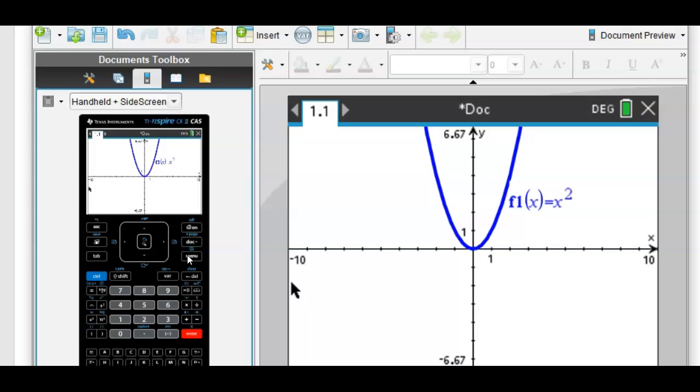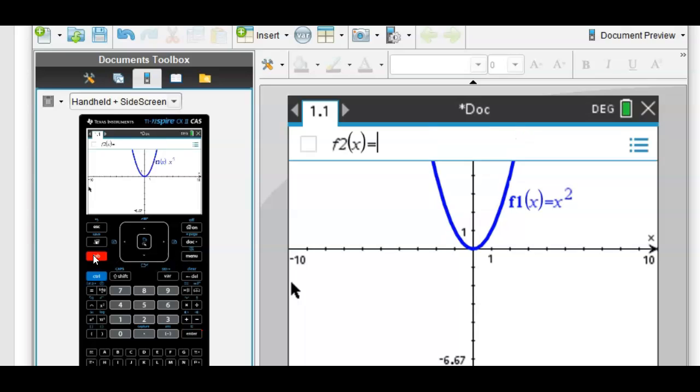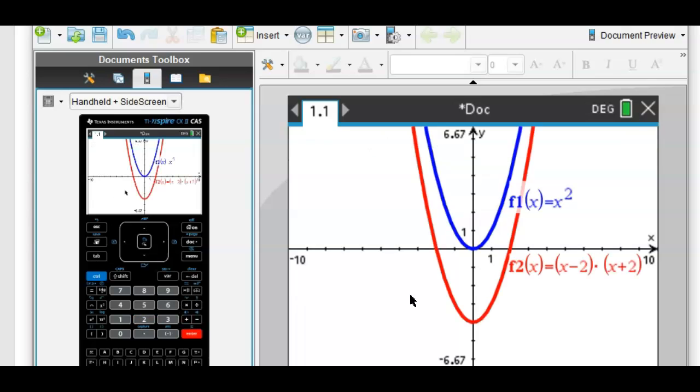But let's just do another one. So I'm going to go back to my screen, and I'm going to put a factorized equation in. So let's do (x minus 2)(x plus 2). Okay, so there it is, and you can see it's crossed the x-axis. The blue one was on the x-axis. The red one is over the x-axis, so that means we have a solution.